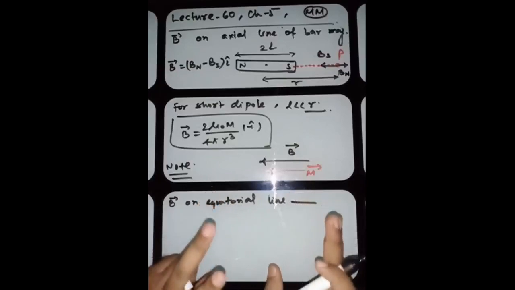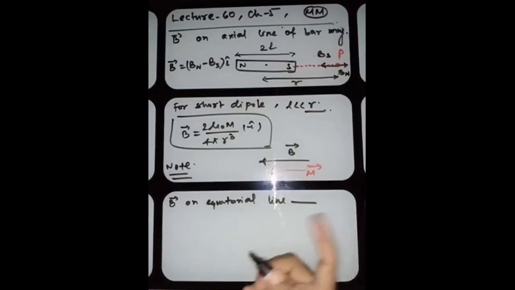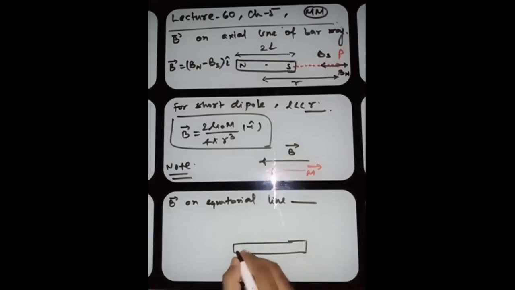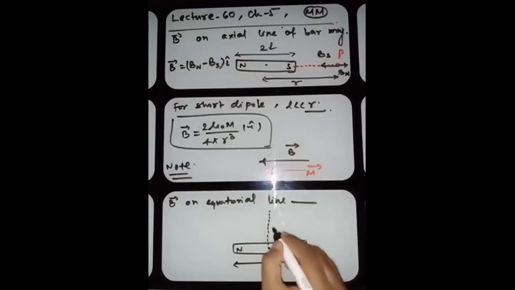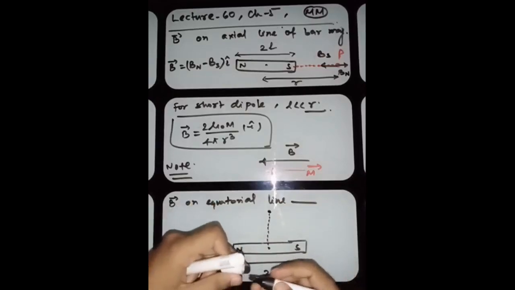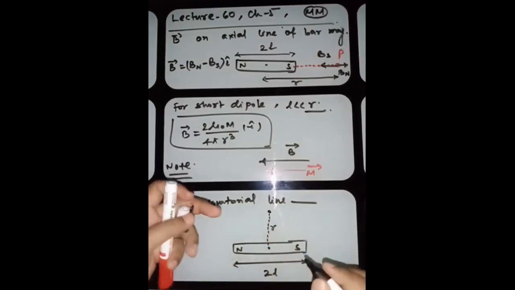So I'm giving you the hint only, and you will derive it by yourself. This is north and south. This is the center. Dipole length 2L. We are going to find the magnetic field here, and suppose this length is R.